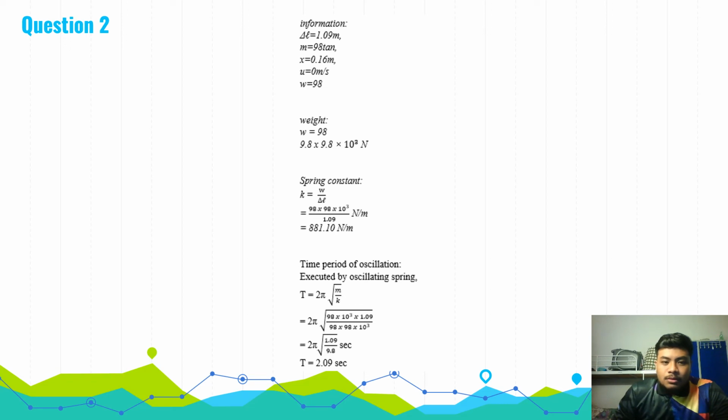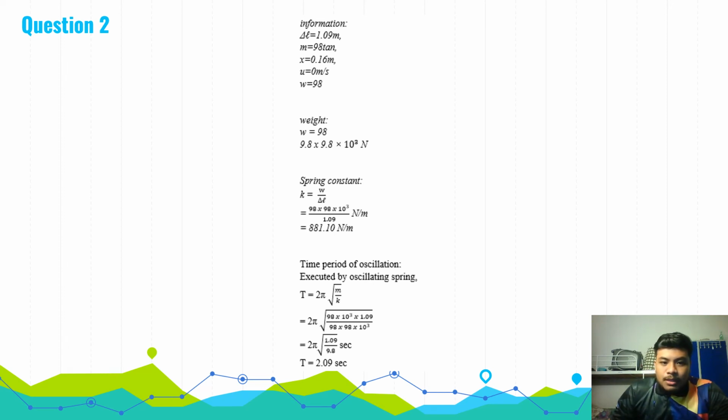And for the spring constant, we apply the formula and substitute the value 9.8 times 9.8 times 10 to the power of 3 divided by 1.09, and we get the answer 881.10.